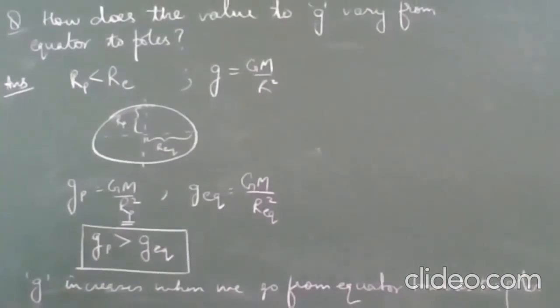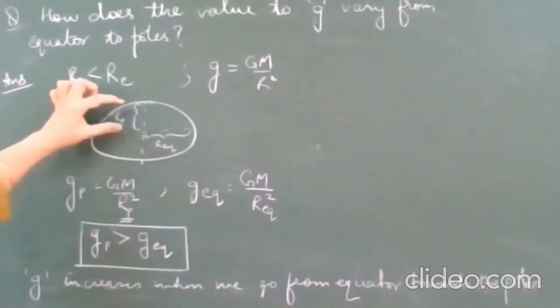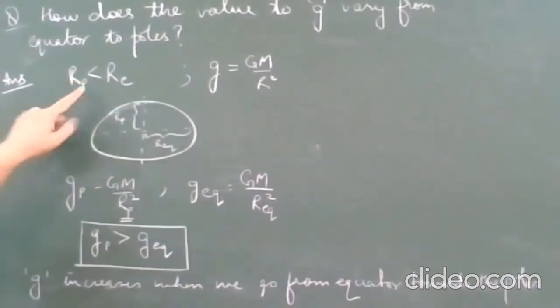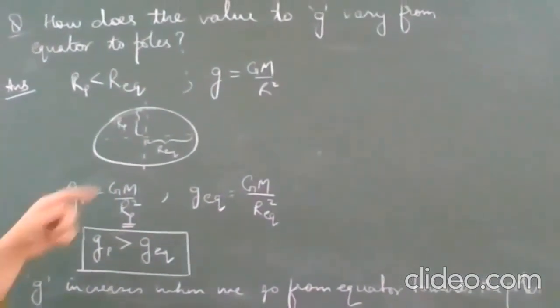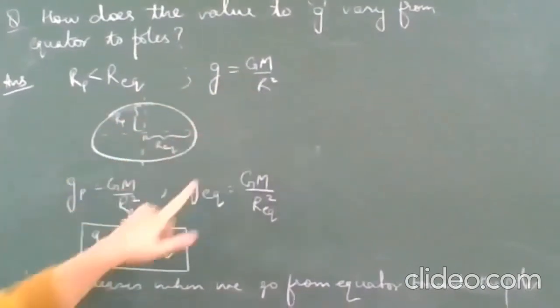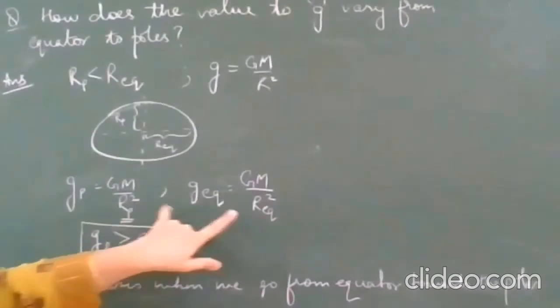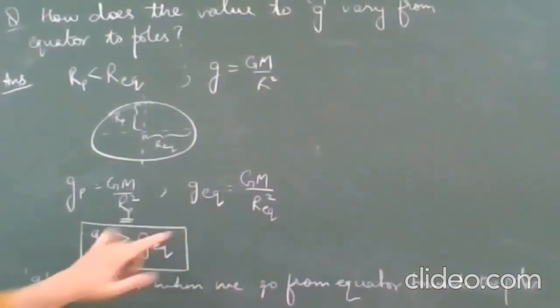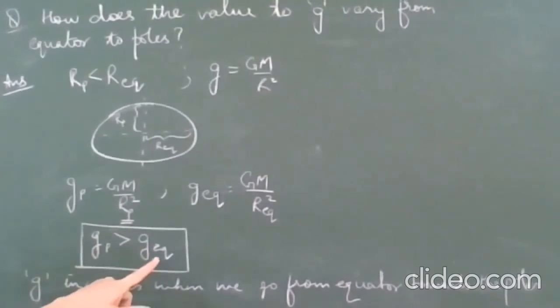Reason being, Earth is not a perfect sphere. It is flattened near the poles. The radius near the poles is less as compared to the radius near the equator. And hence due to this inequality, we know the formula of small g is GM upon R square. So when I put the values for radius along the equator and radius along the poles, I can compare and see that g near the poles would be greater than g near the equator.